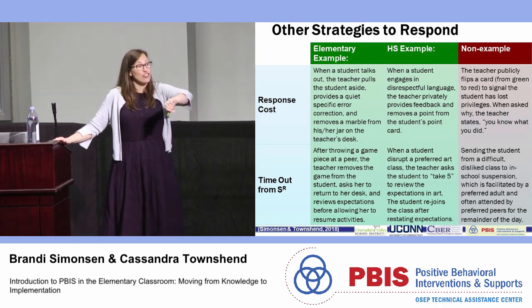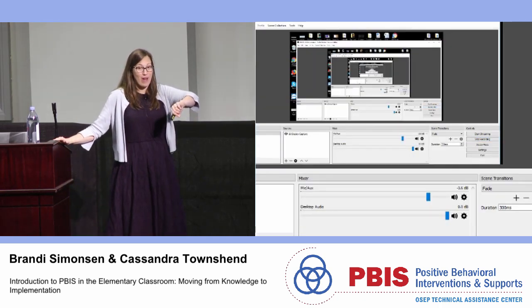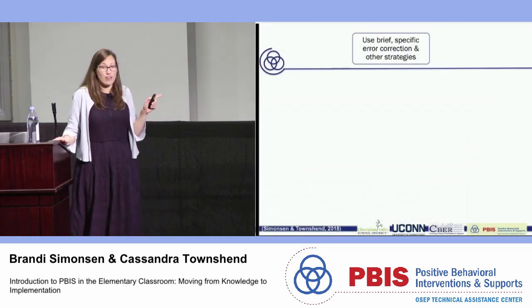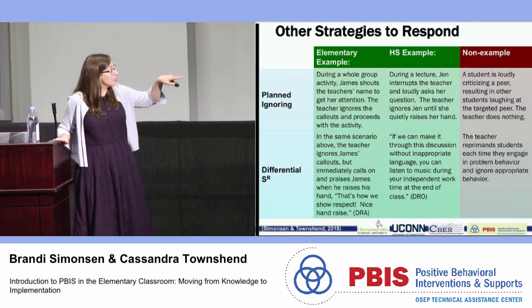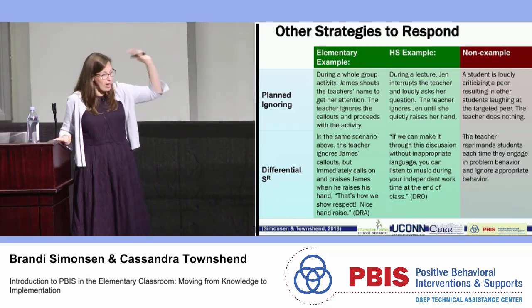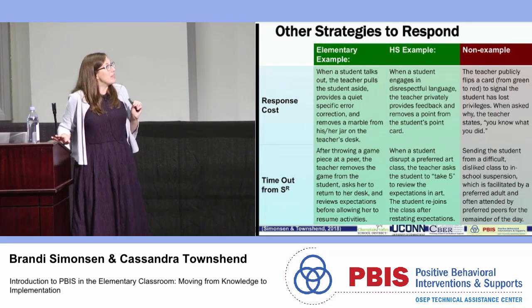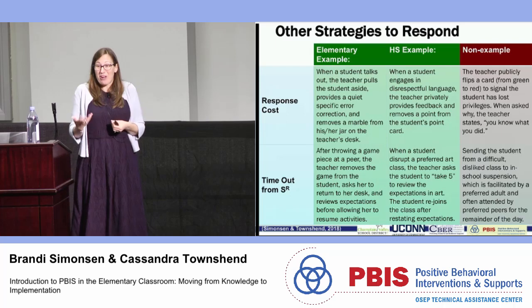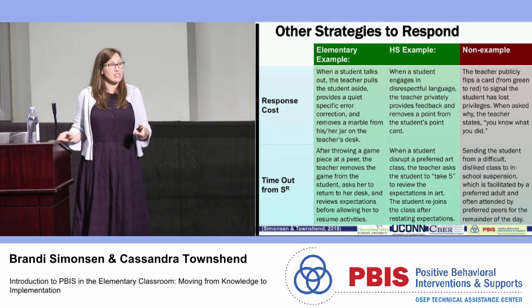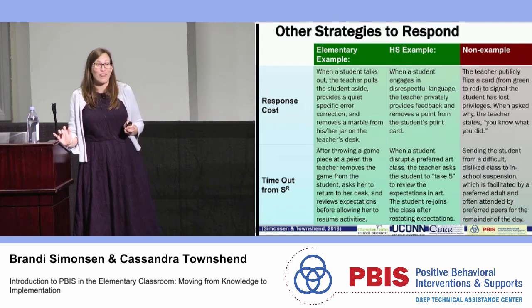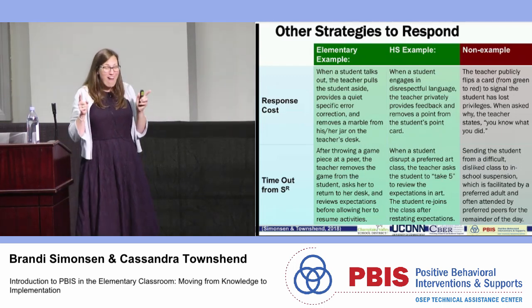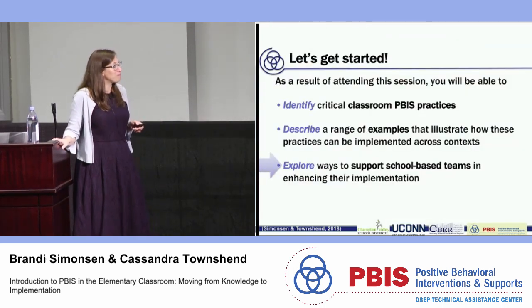And what are the interventions you would put in place for a behavioral error, right? So there are a range of other strategies we can use. They should also include reteaching. So these are consequence-based strategies, and they're described in detail in the guide. But the bottom line is we should be thinking about correcting behavior in very much the same way we think about correcting academics, even though it might feel different to us, right? These practices are actually very similar.